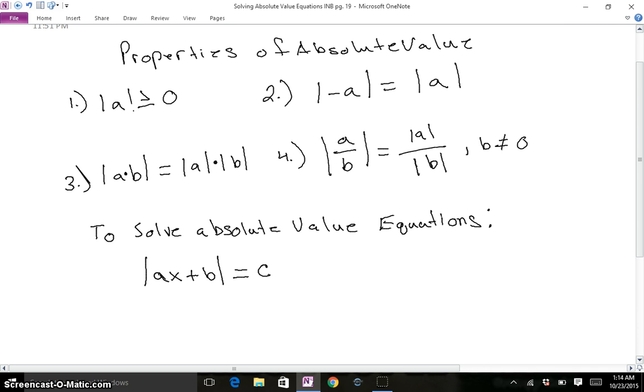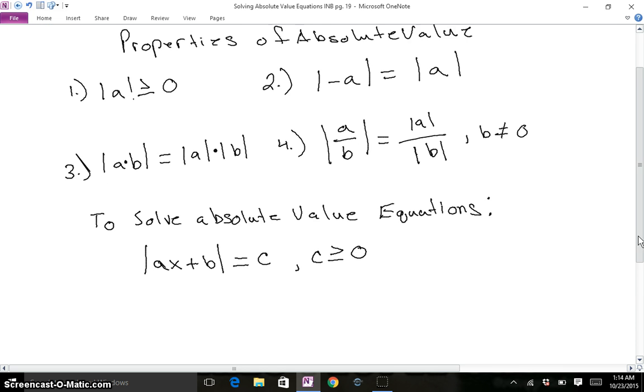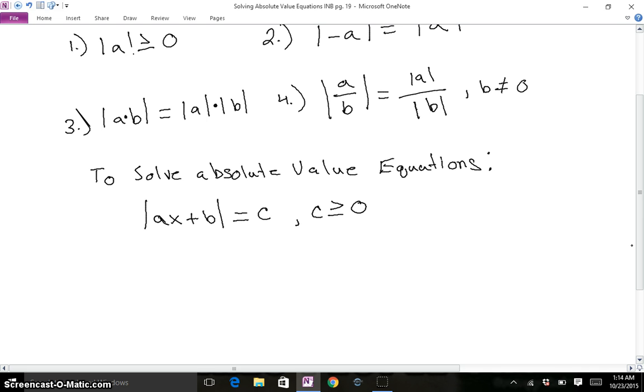Now c has to be greater than or equal to 0. So to solve this, we split it apart without absolute value bars. Ax plus b equals positive c, or ax plus b equals negative c. So all I did was I took the inside of the absolute value bars and made two equations out of it, equaling some constant number, one positive, one negative.